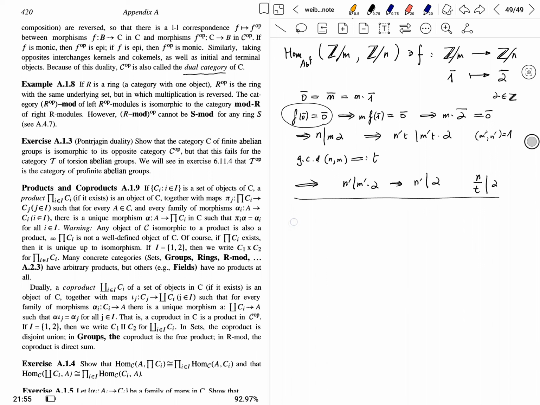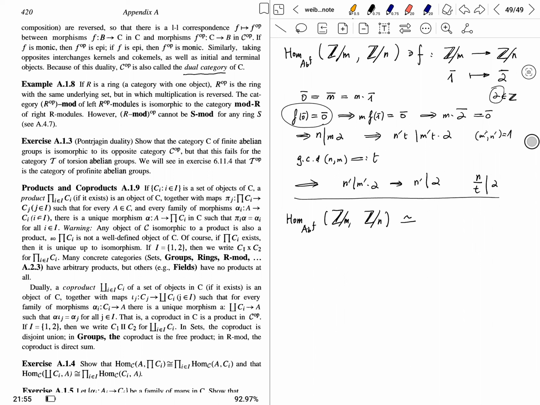And this is telling that this hom set is actually in bijection with just choosing alpha, making sure that alpha is a multiple of n'. Actually, it's determined by alpha bar, right?